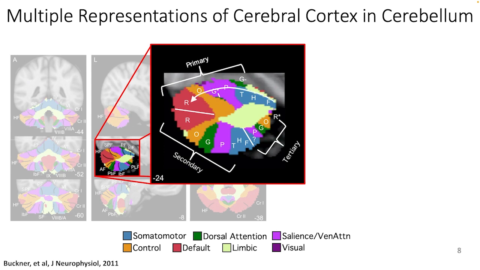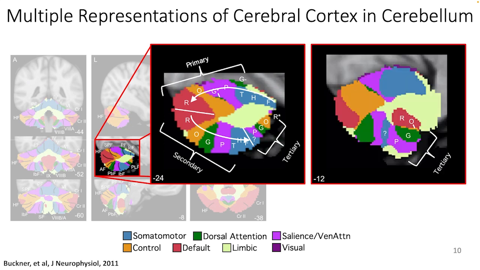The primary map starts from the motor region, follows with the association networks, and ends as a default network. Then a mirrored secondary map begins as a default network and ends at another motor region. The third map is at the farthest extent of the posterior lobe.